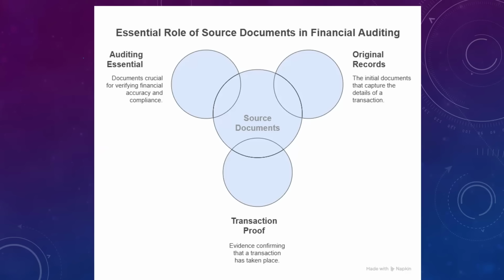Now, those source documents we were looking at before, the invoice and the receipt and the credit note and stuff like that, those are very important documents. They prove that transactions took place, which means they could prove the credibility of your accounting information.